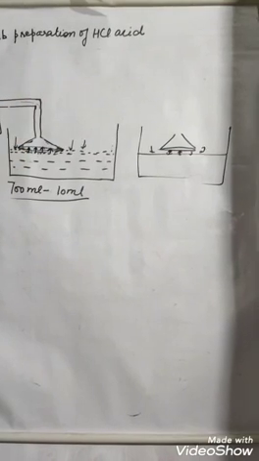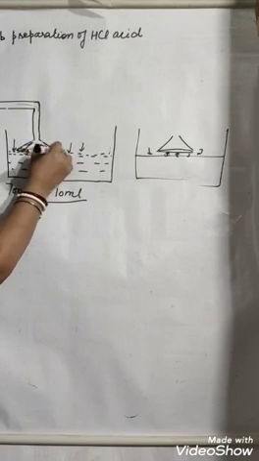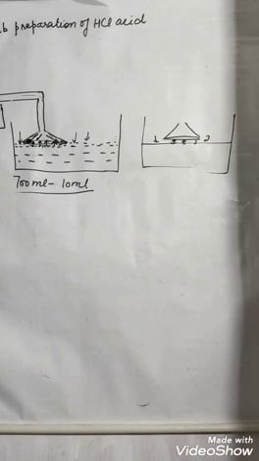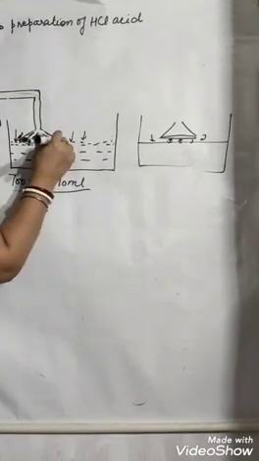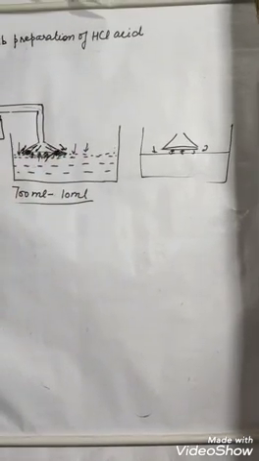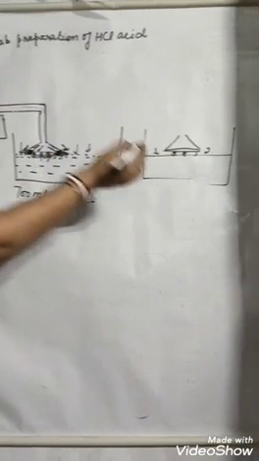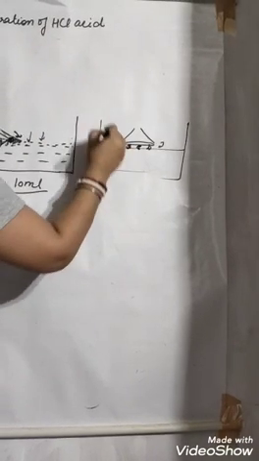Listen once again. Here, HCl is coming. HCl will start dissolving from this side. So here the amount of HCl will get less, creating vacuum. It will force the water to push inside. When water goes inside, it pushes the funnel up, so an air space will form.